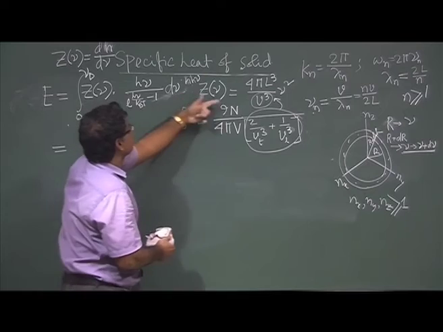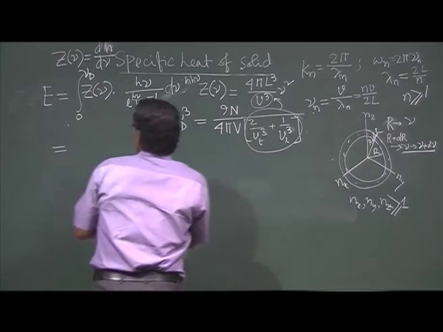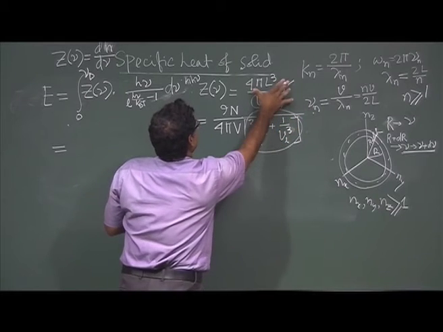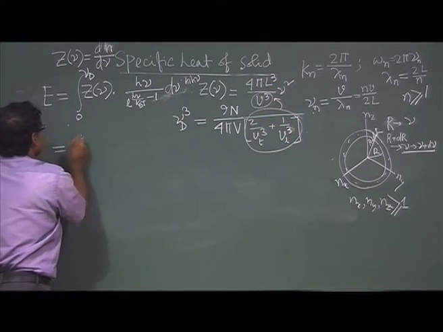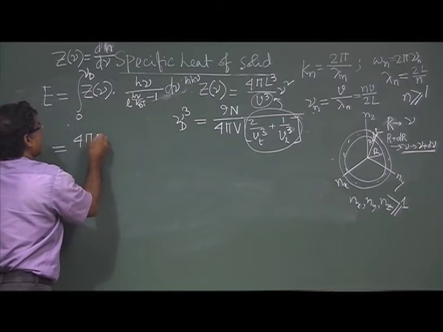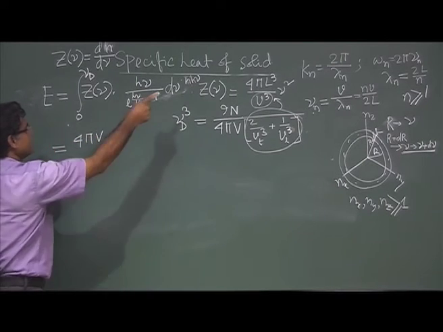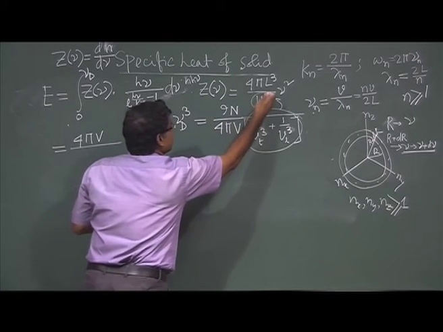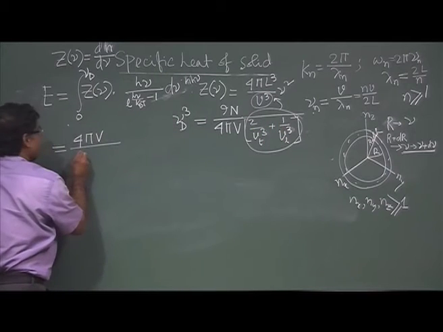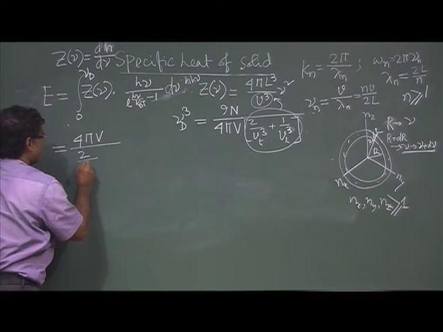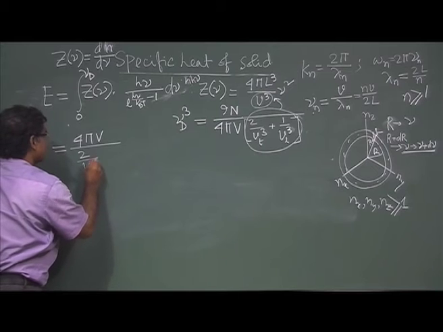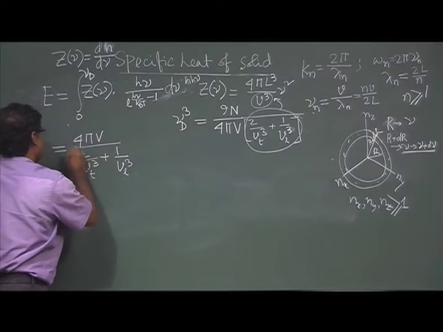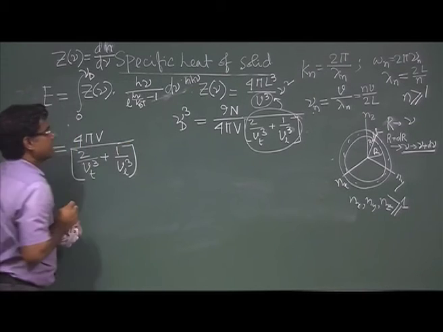Here you put this value, what is Z of nu: 4 pi V, L cube is V, divided by V cube, which is 2 by v transverse cube plus 1 by v_L cube.